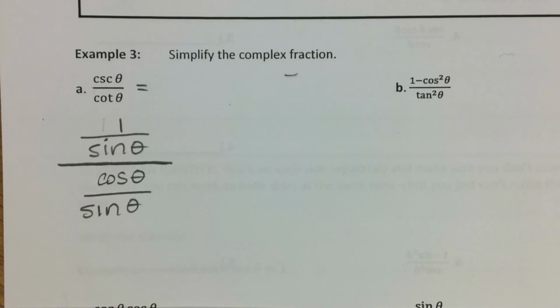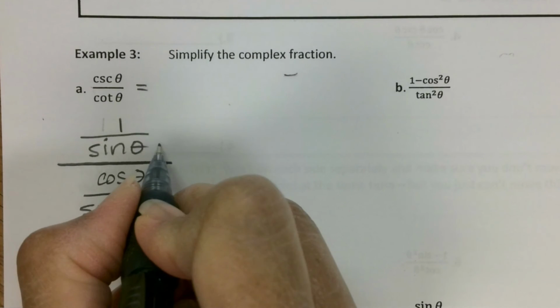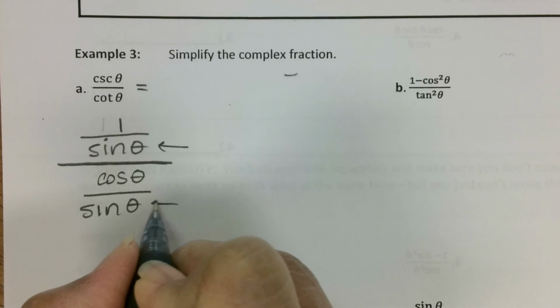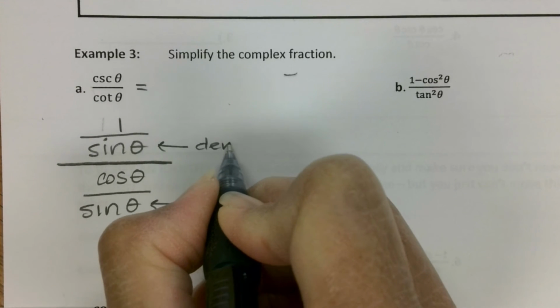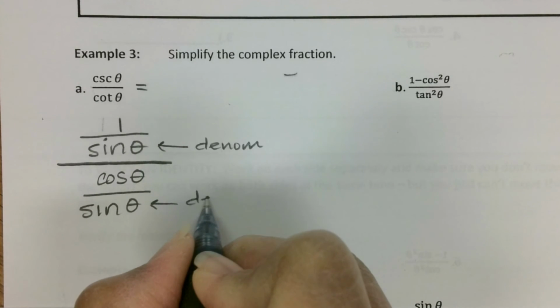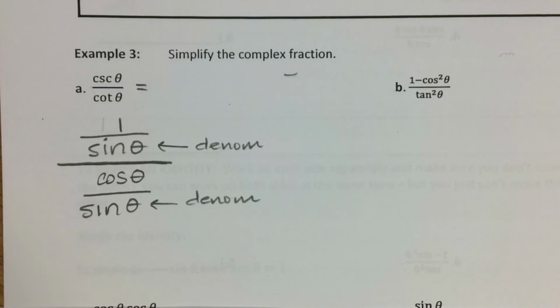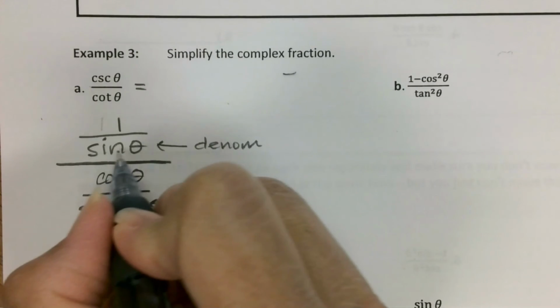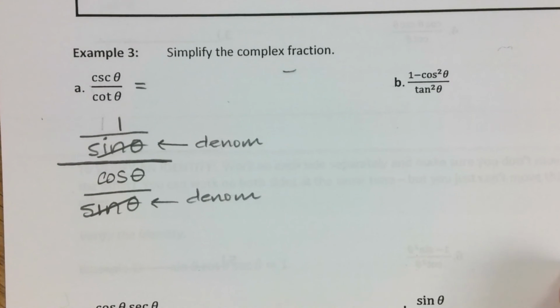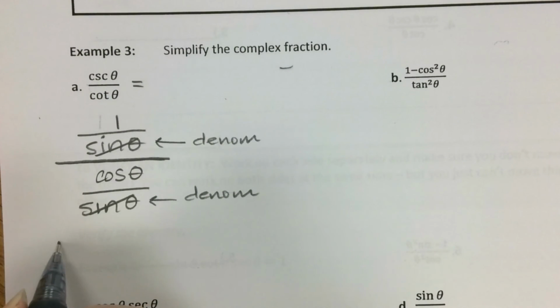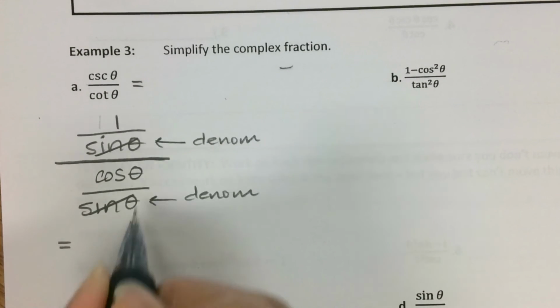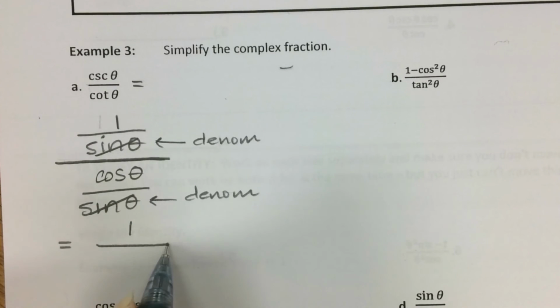Well, hopefully you are already noticing that these 2 trig functions are both located in the same position and they're the same number. Therefore, we can get rid of them and we're left with a 1 divided by the cosine.